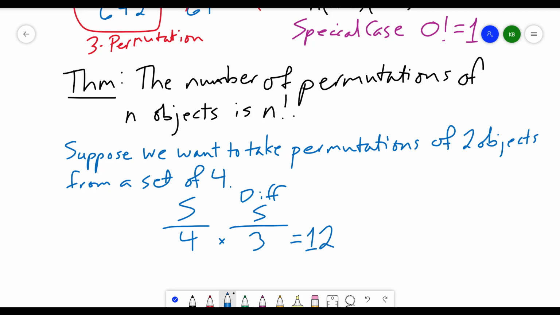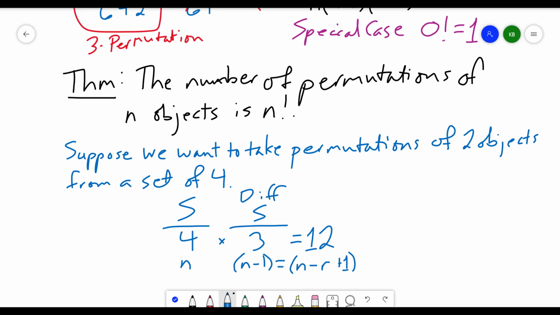So we can do this with any number, any size set to start with, and any number of elements from that set. What this ends up being is this is the number of elements in the set, and this is 1 less, which also happens to equal, in our case, the number of elements in the set minus the number of elements we're choosing from the set plus 1.